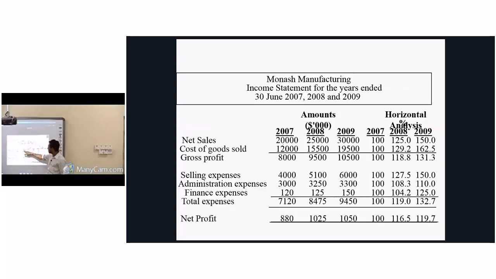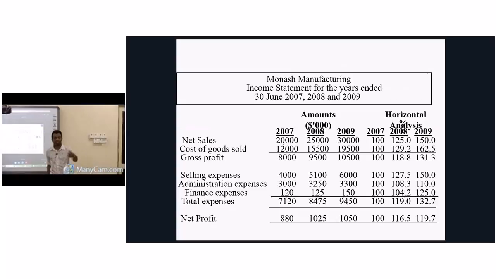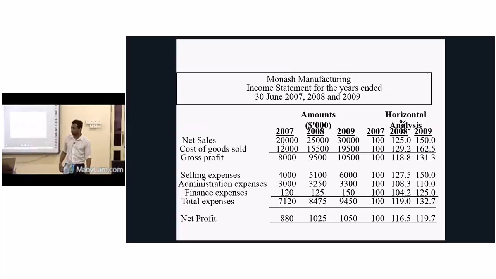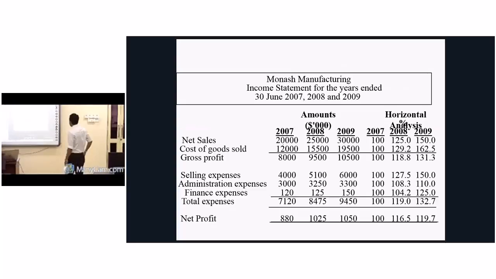It goes up by 125%, meaning the increment is 25%. Then when it comes to 2009, it's 150, so compared to base year 2007 it has increased by 50%. But if you look from the last year, 125 to 150 is an increase of 25. Small percentage to add to that, right? So that kind of analysis we can make.